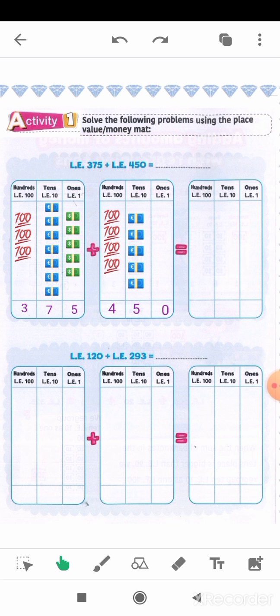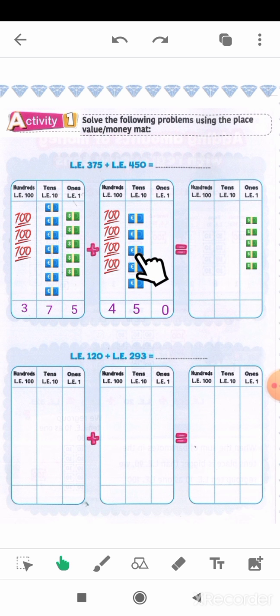We take ones with ones, tens with tens, hundreds with hundreds. 0 plus 5 equals 5. Then 5 plus 7, we count 1, 2, 3, 4, 5, 6, 7, 8, 9, 10.